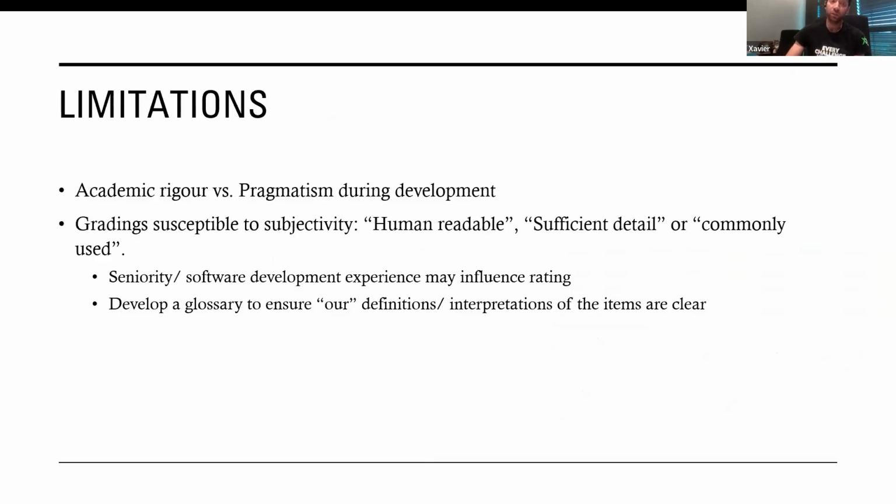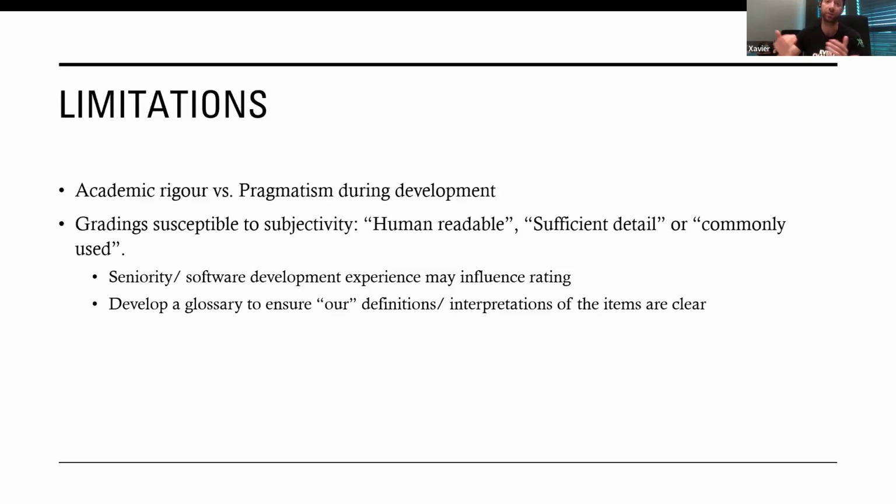So for now, based on our experience and the process we have used to develop this checklist, the main limitation, of course, is the academic rigor. We could have been more rigorous, but we actually do not have the time and resources to do so at the moment. So pragmatism has been our way to go. And some gradings may be susceptible to subjectivity.